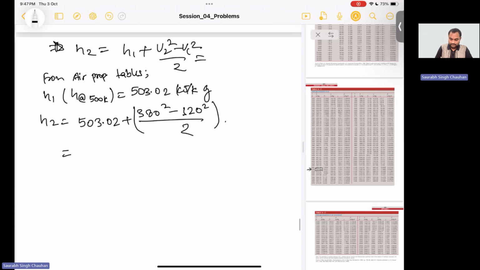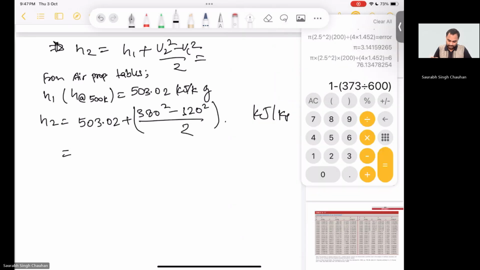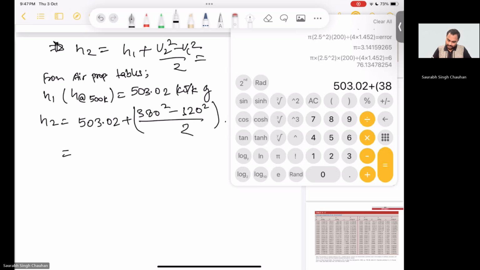Okay, so this will be our H2. 503.02 plus 380 square minus 120 square, divided by 2.